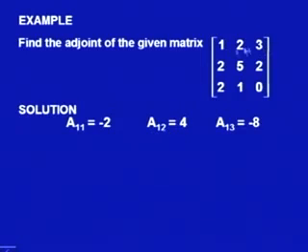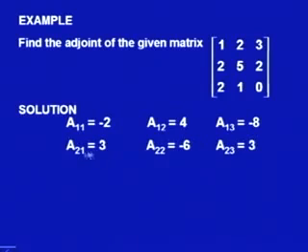The sign of cofactor here is plus here and minus here. So, this minus multiplied by this minus makes it 4. So, A12 comes out to be 4. Now, A13 is this determinant with plus sign. So, it is 2 minus 10, it comes out to be minus 8.